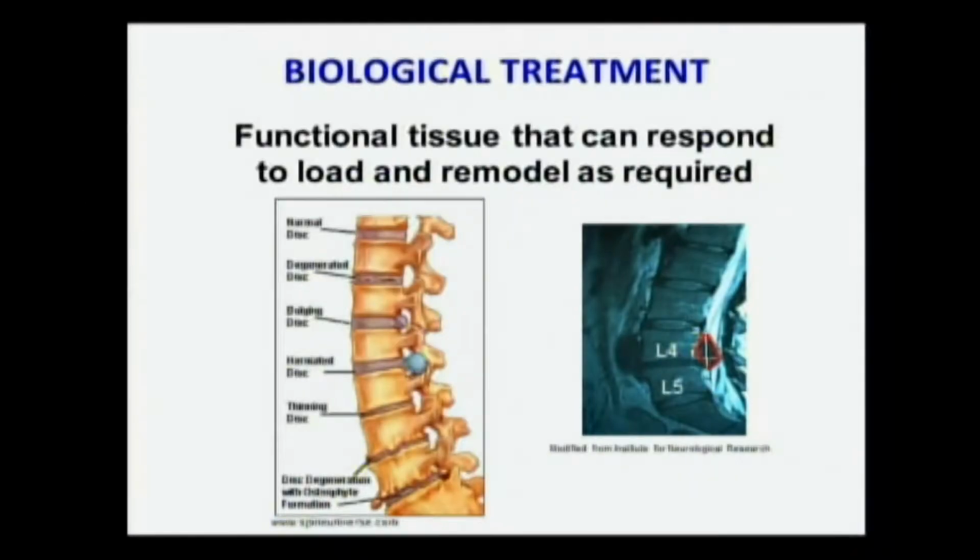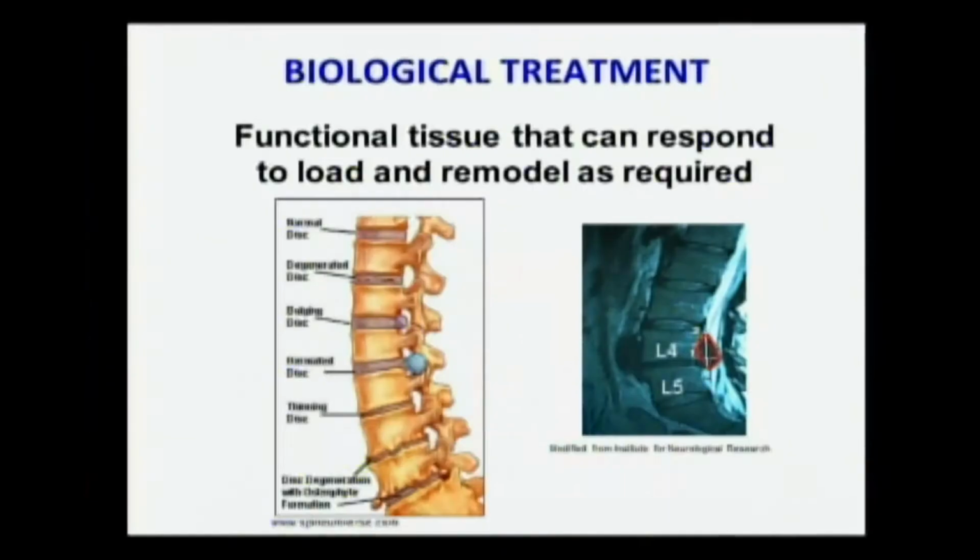Perhaps the reason people aren't responding is that we really haven't identified the right treatment, and maybe we need an entirely different approach to individuals who have chronic back pain. And so the whole field of biological disc repair started to bloom and blossom. Over the past 10 years, there's really been a plethora of investigators who have started to look at different aspects of biological disc repair, and a whole variety of different approaches have been developed.